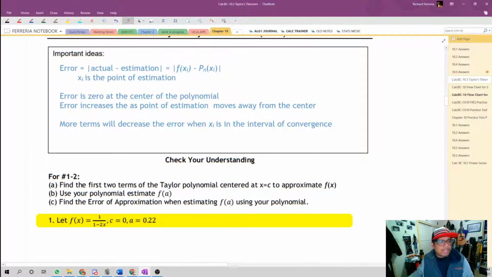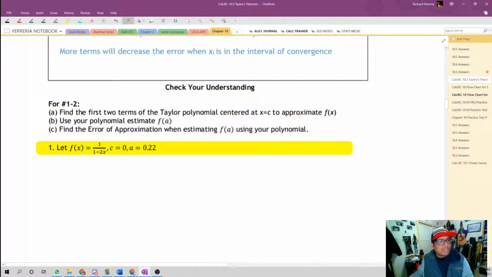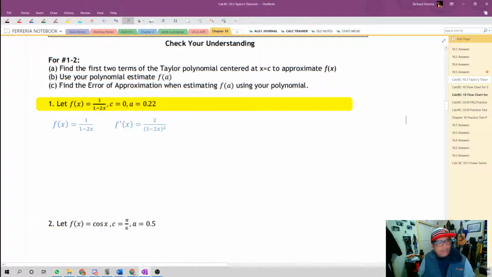Let's check our understanding with number 1 and 2 here. Number 1 says to find the first 2 terms of the Taylor polynomial centered at x equals c to approximate f of x. So if we need 2 terms, that means we're going to need at least 1 derivative. So we're starting off with the function itself, f of x. Our first derivative is 2 over 1 minus 2x squared.